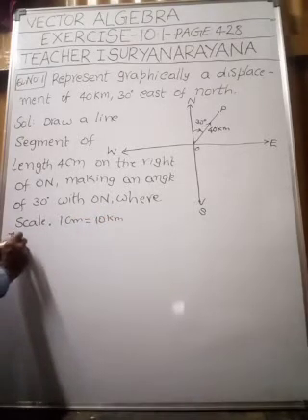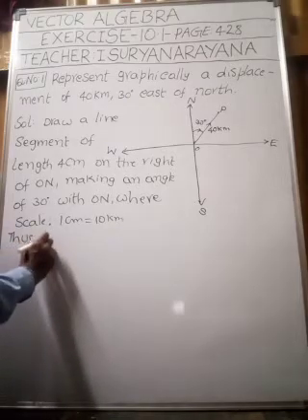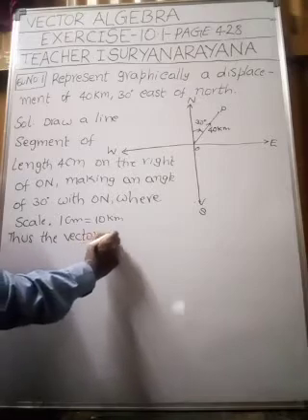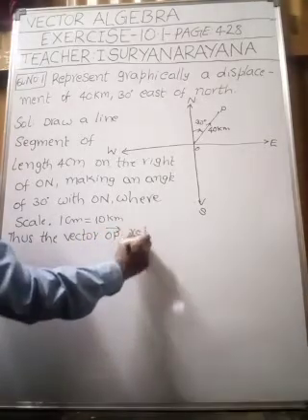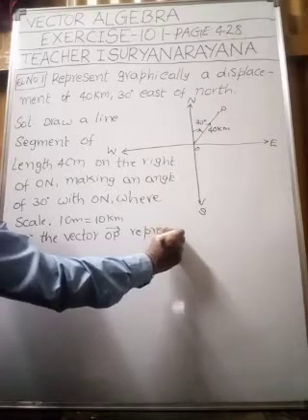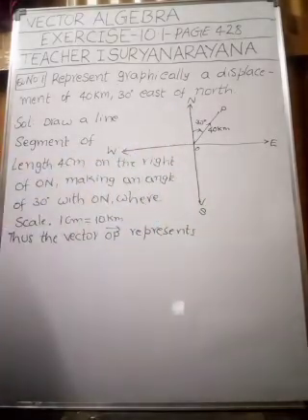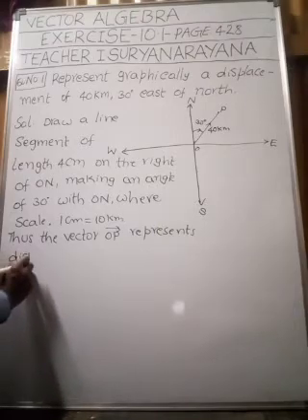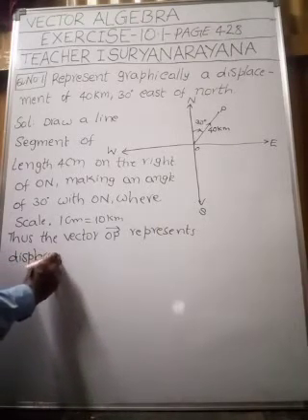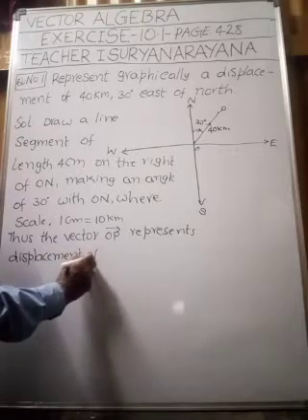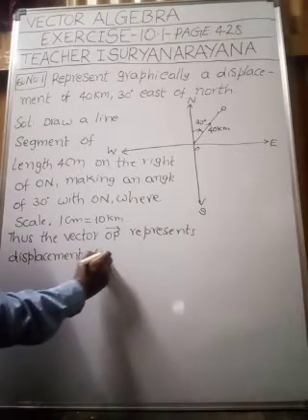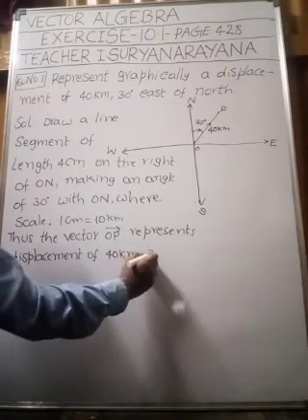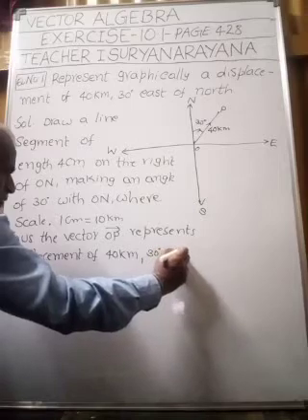Thus, this vector OP bar represents a displacement of 40 kilometers 30 degrees east of north.